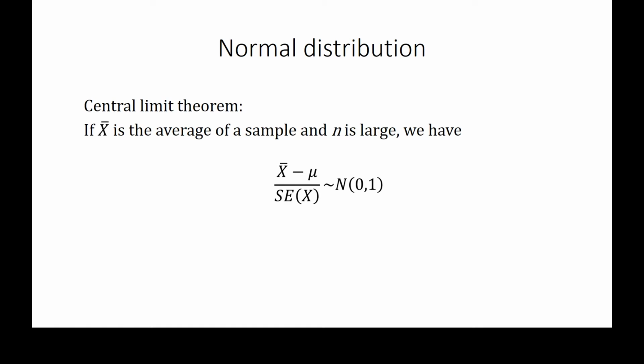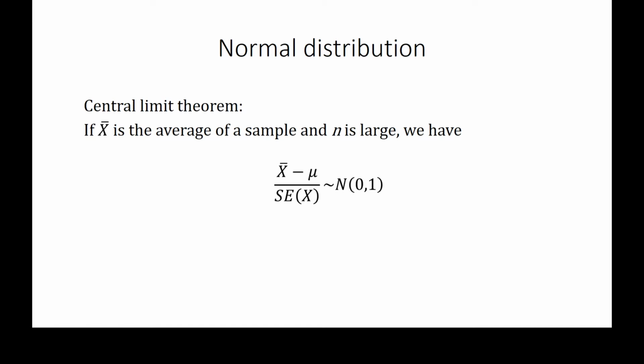The central limit theorem states that the mean of a sample is normally distributed when we consider many observations. Here it's written more formally. In this case, the x with a bar is the average or mean of a sample. The underlying distribution of x can be anything. It could be uniform or normal or Poisson or any other distribution.